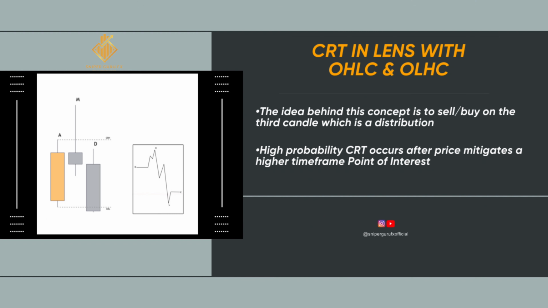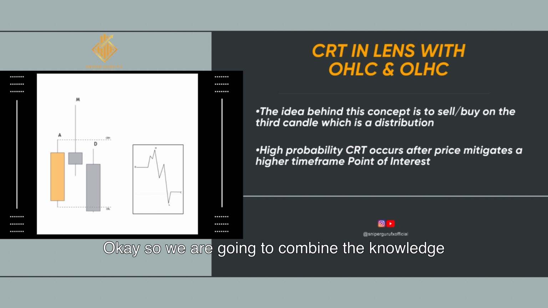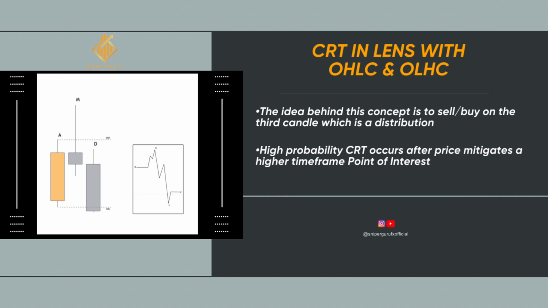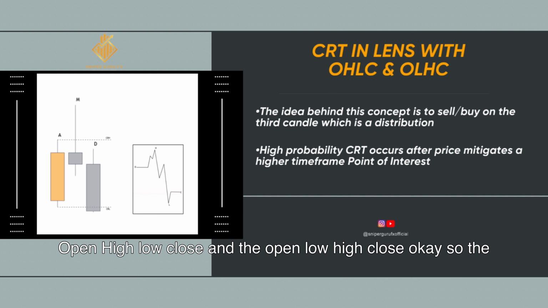Okay, so we are going to combine the knowledge that we have just learned on the previous slides, combining everything together with the OHLC and the OLHC, the open high low close and the open low high close.